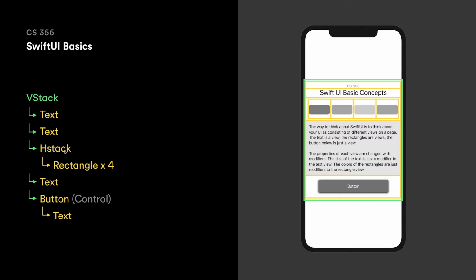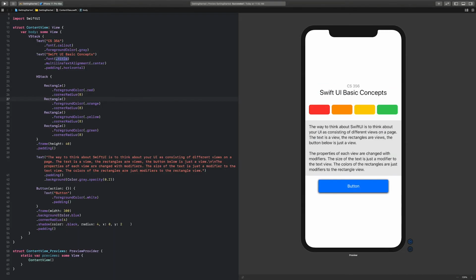Notice that the H-stack has its own child views, which are these rectangles, and this button also has a child view, which is this text right here. The button here in SwiftUI is a control, and most controls in SwiftUI are also containers, so they can contain these child views as well.